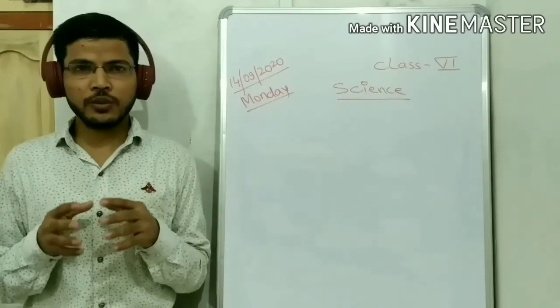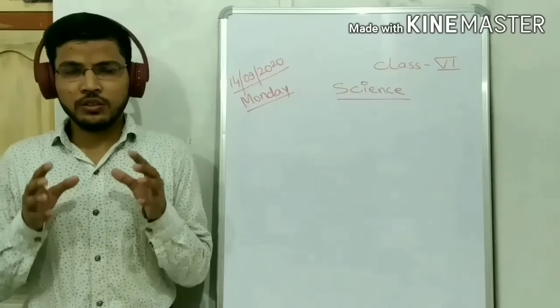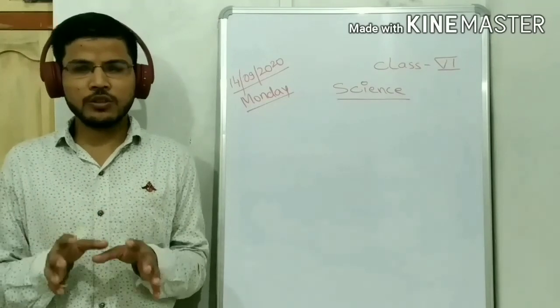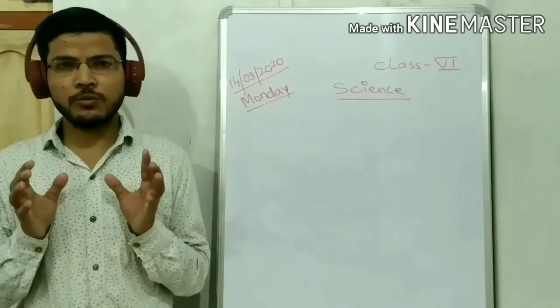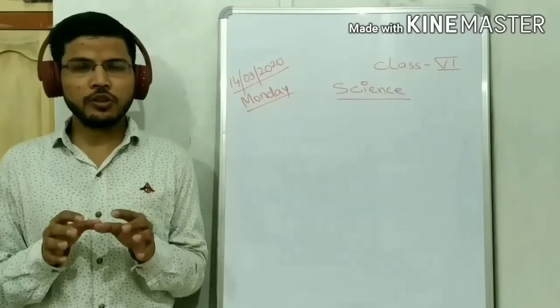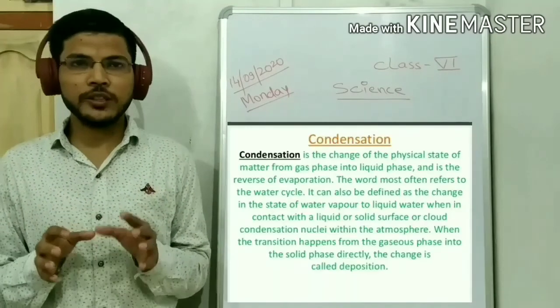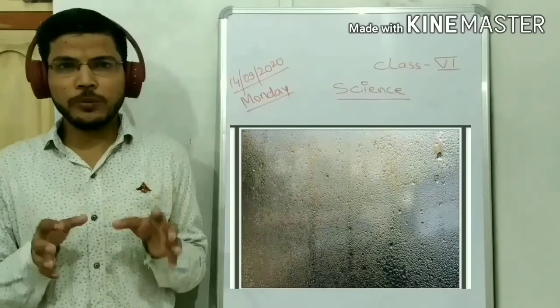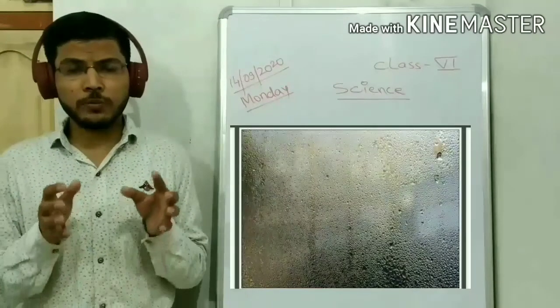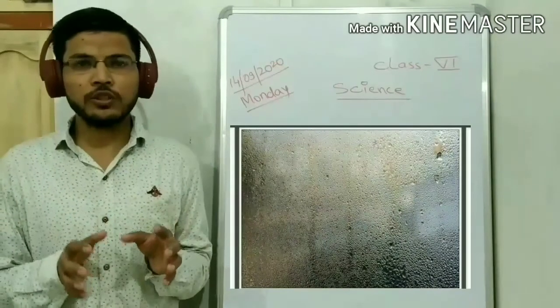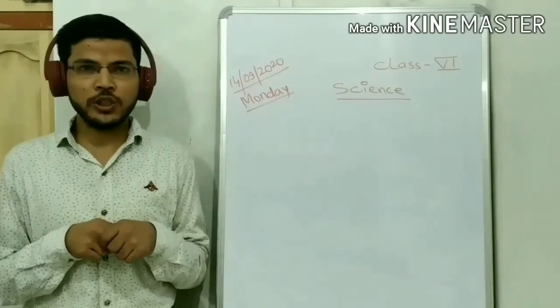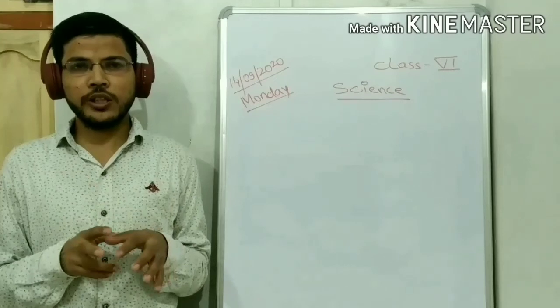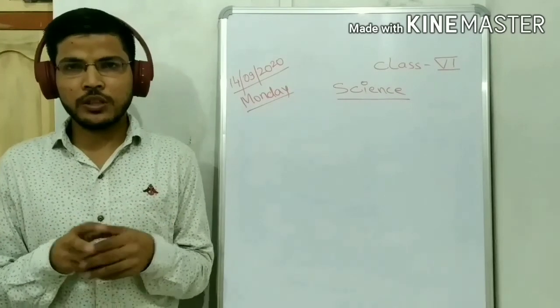This process is known as evaporation, because the liquid evaporates from the solution, leaving behind the solid. Now when we cool down the vapour to obtain the liquid in its original form, this is called condensation.